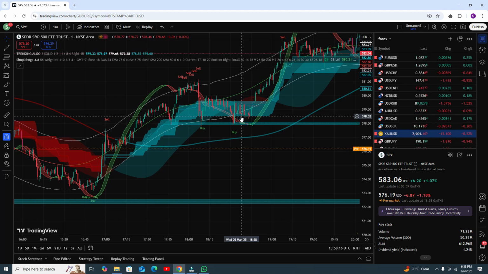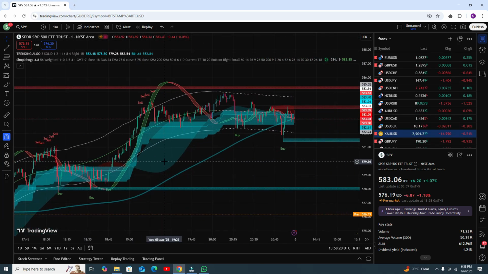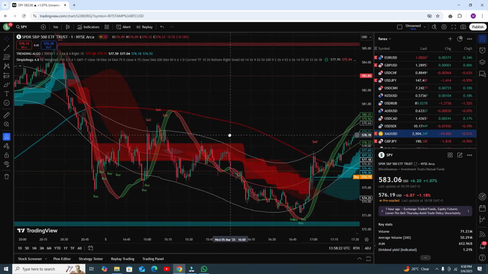It will give you 100% accuracy like this one. Let me give you some more identification. The RSI is above the upper band line, the trending clouds are red and the trend line is red, so that is a very strong sell signal, and it will give you 100% accuracy.